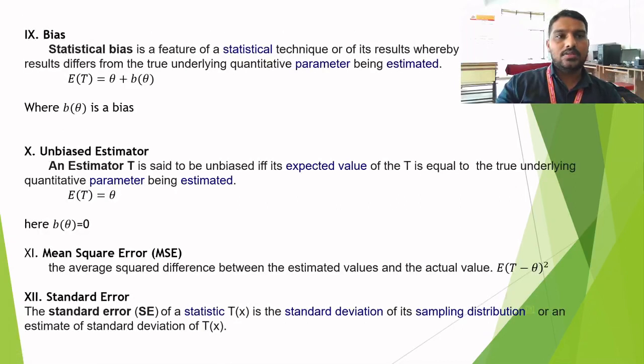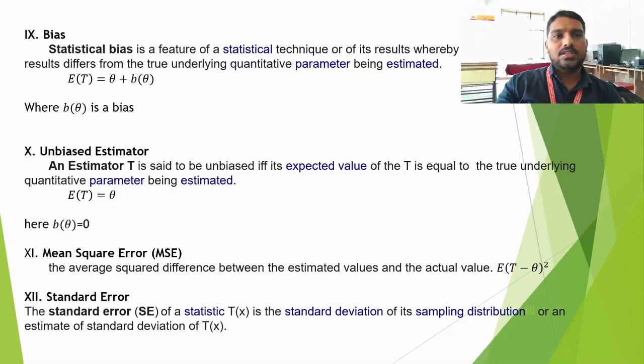So next, bias. Statistical bias is a feature of a statistical technique or of its results whereby the expected value of the result differs from the true underlying quantitative parameter being estimated.